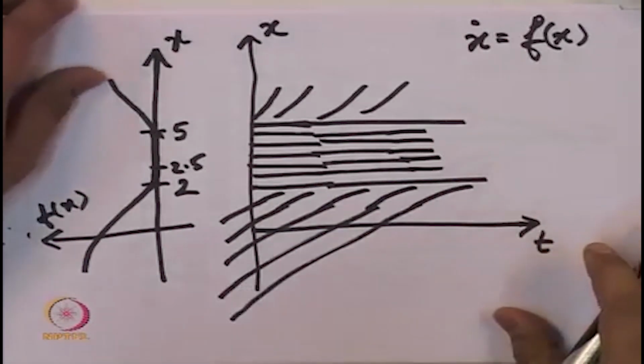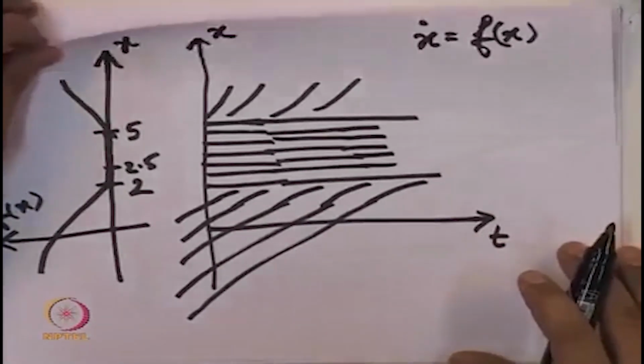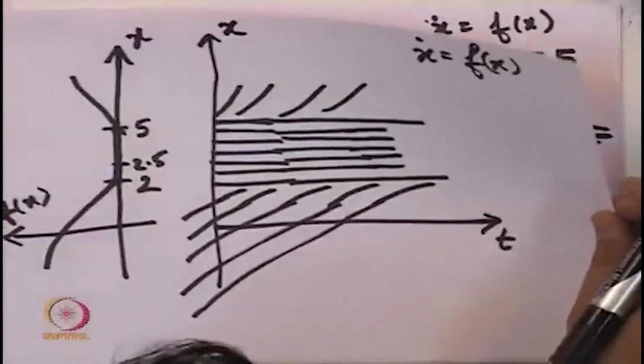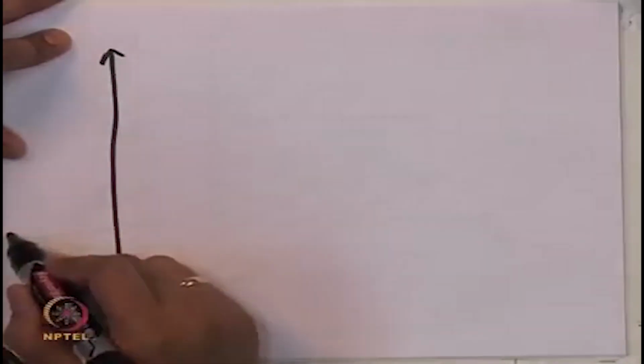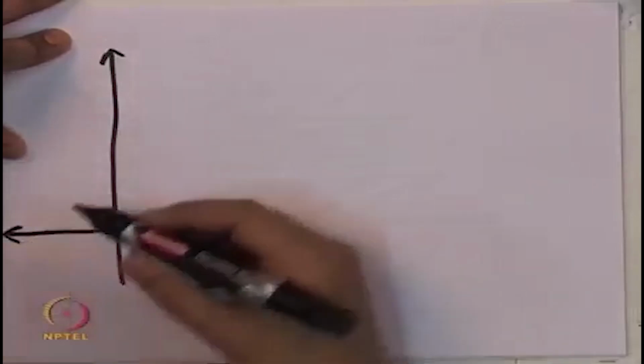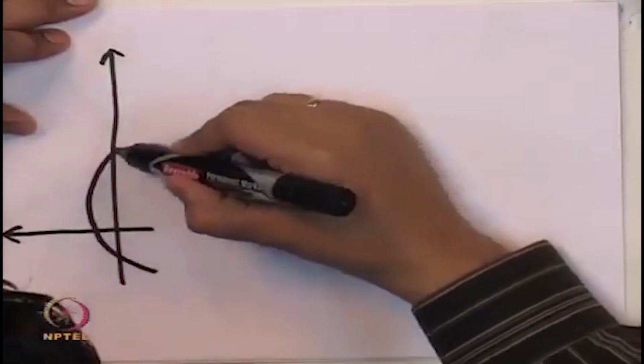So, we will also quickly see what linearization has got to do with the solution to a differential equation, and especially in the context of close to an equilibrium point. A good amount of information about stability can be seen by linearizing. So, suppose we consider our example.